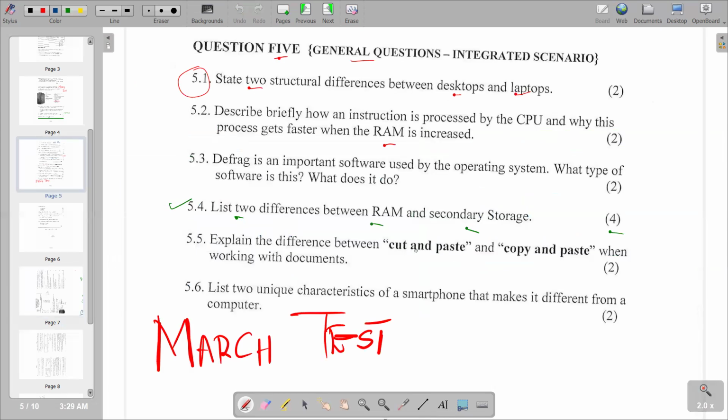We go to the next part of our question, which says explain the difference between cut and paste and copy and paste when working with documents.